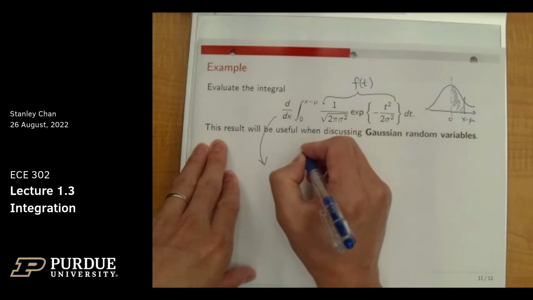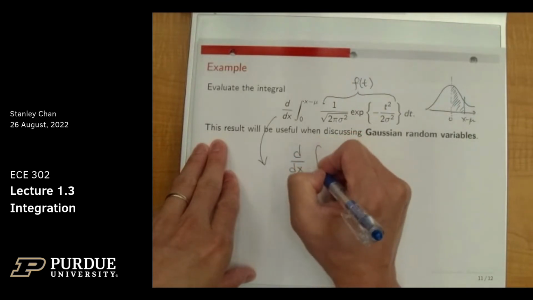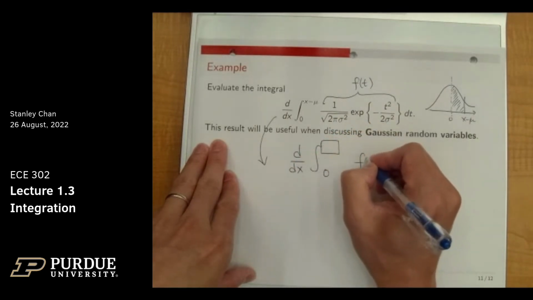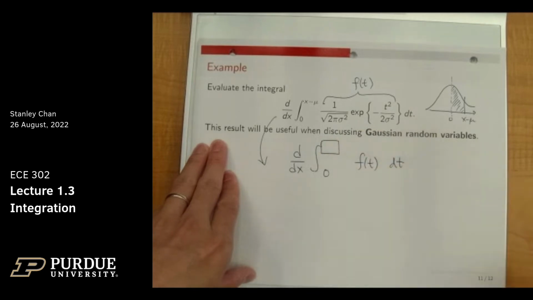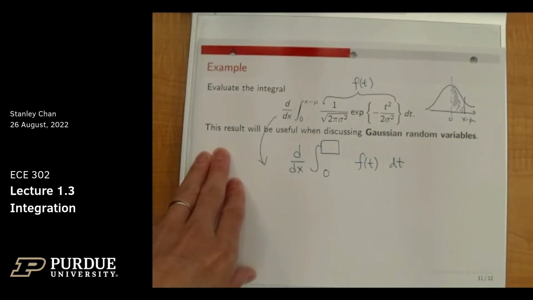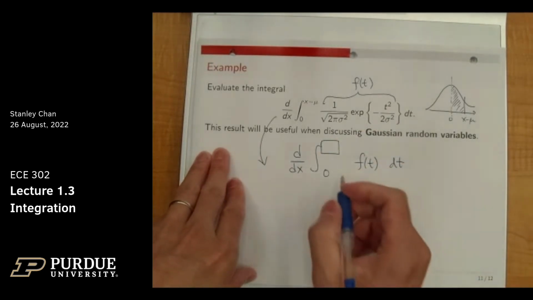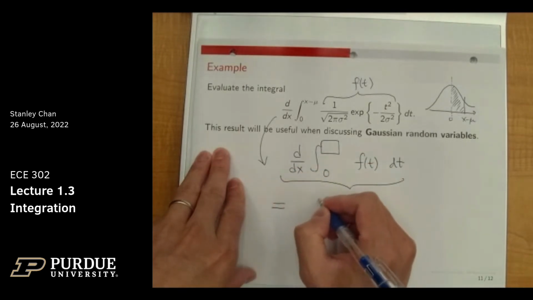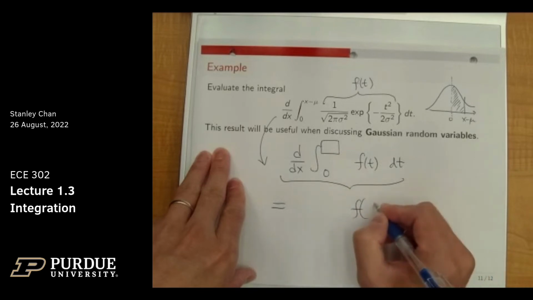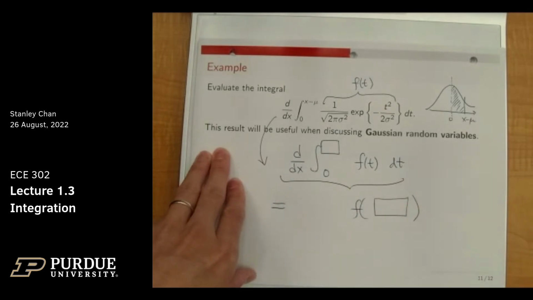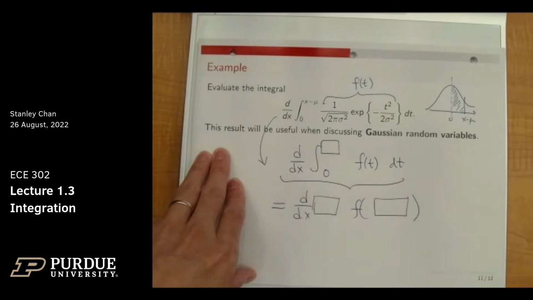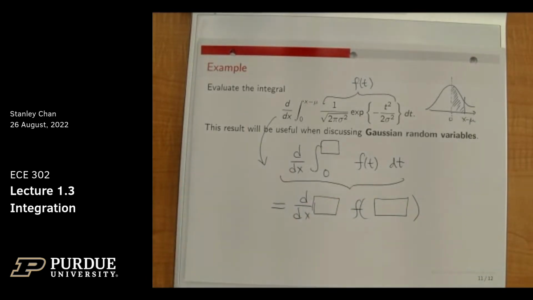Now you need to recognize this is d/dx of the integration from 0 to something of f(t) dt. No matter what happens, this result has to be f of that little thing here, times d/dx of that little thing. This is the fundamental theorem of calculus.